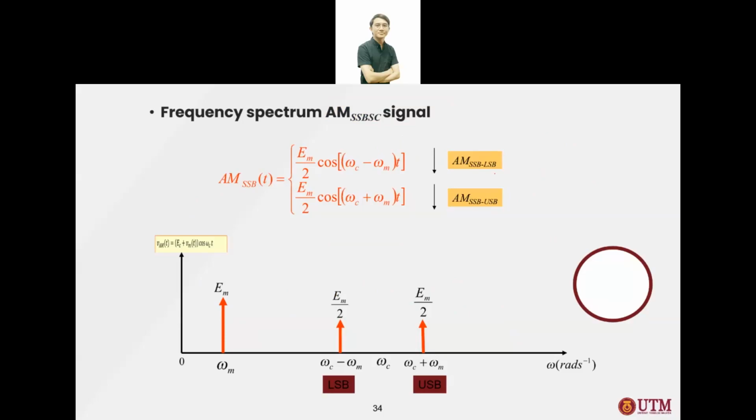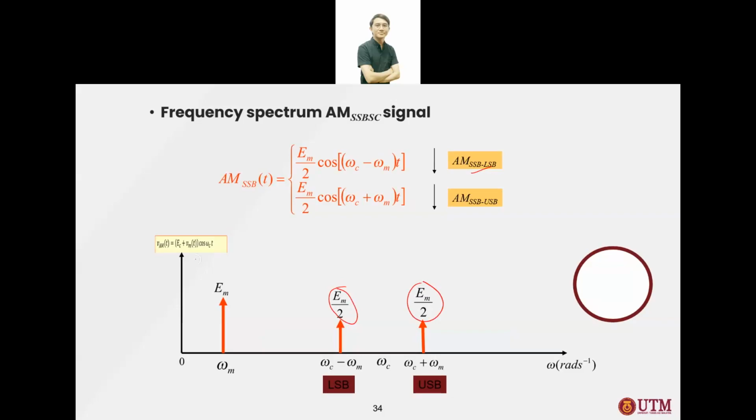So in terms of power in single sideband suppressed carrier, EM over 2, EM over 2. In terms of the amplitude, that will be calculated as power.